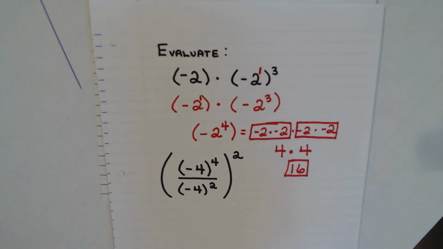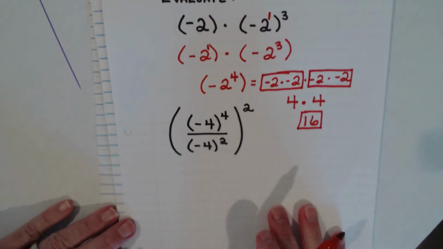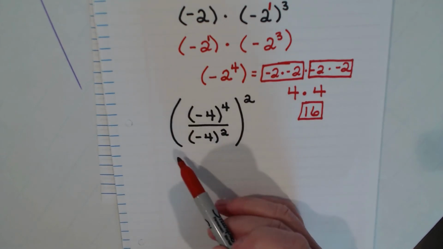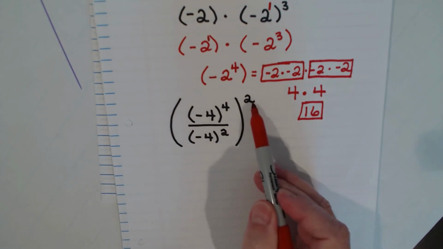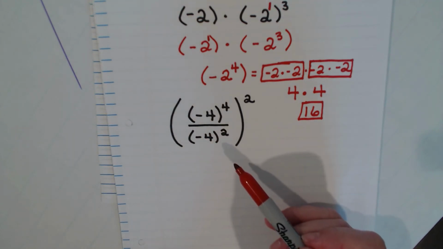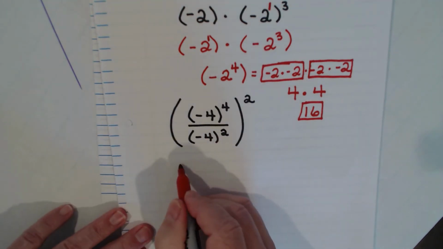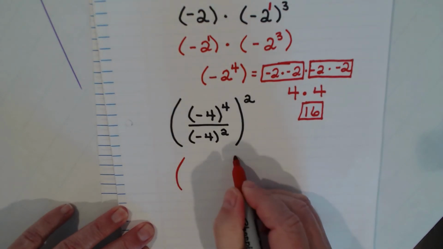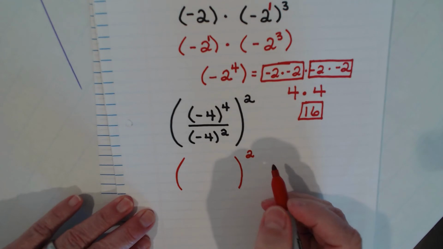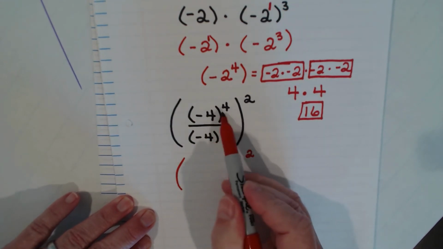Let's try this last one right here. On this one, it's one of those where I have to follow my order of operations. I've got an exponent out here on the outside, but I need to do what's inside the parentheses here first. So I'm going to leave these large parentheses with an exponent of 2 out here on the outside. I'm going to get rid of these parentheses.